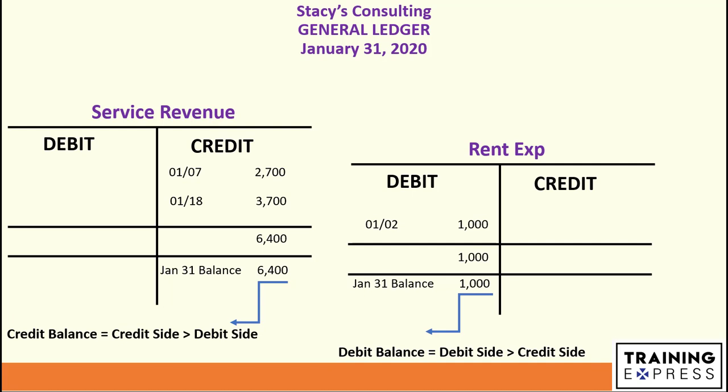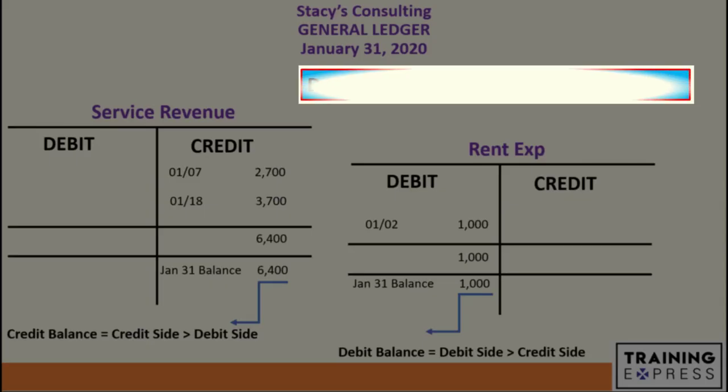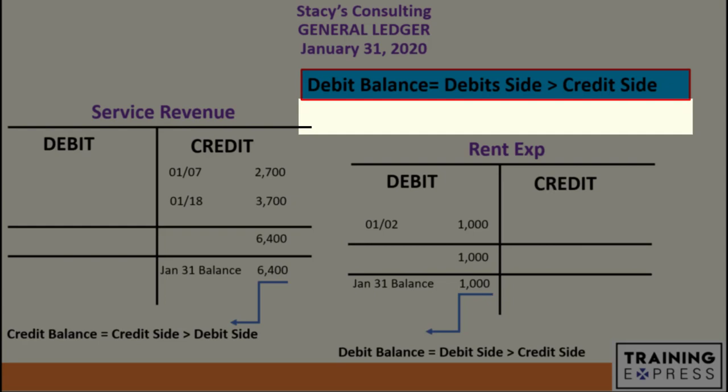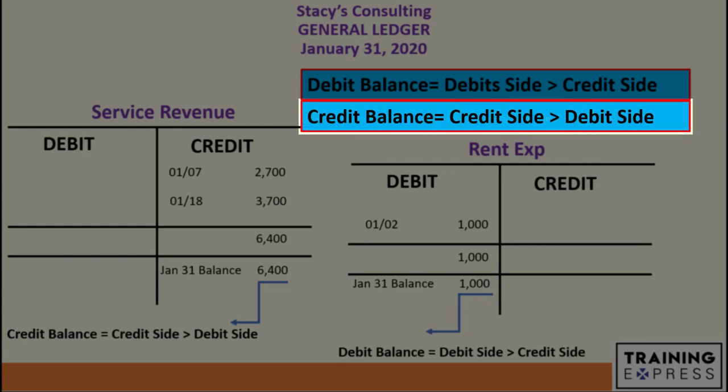At the end, let's again revise what we have learned here. We have learned that whenever debit side is greater than the credit side, it is called debit balance. And whenever credit side is greater than the debit side, it is called credit balance.